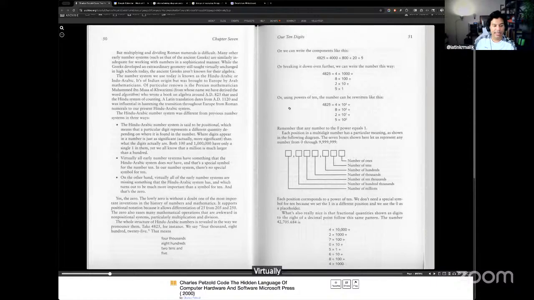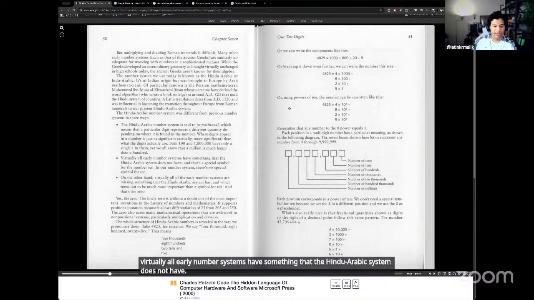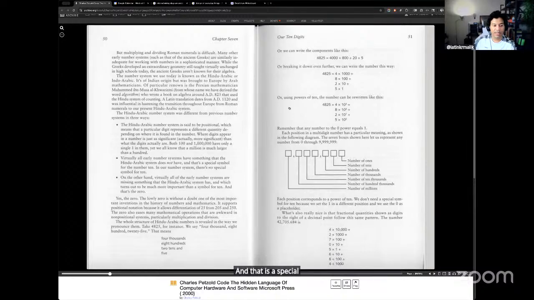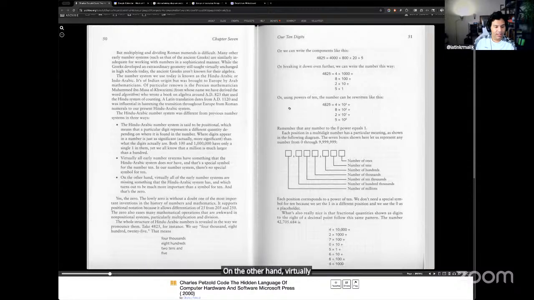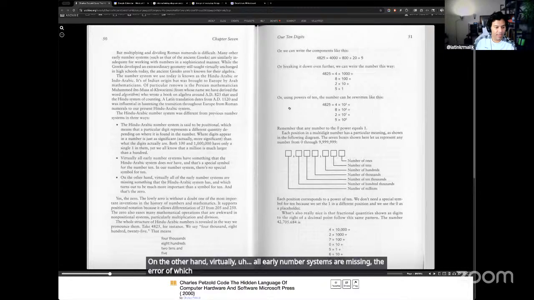Virtually all early number systems have something that the Hindu-Arabic system does not have, and that is a special symbol for the number 10. In our number system, there is no special symbol for 10. We write it with a combination of 1 and 0. On the other hand, virtually all early number systems are missing something which turns out to be much more important than the symbol for 10, and that is the 0.